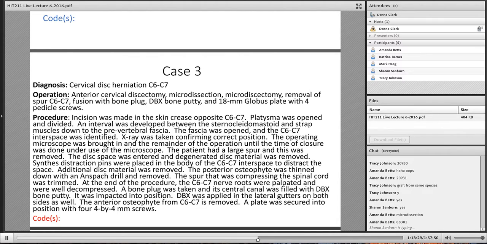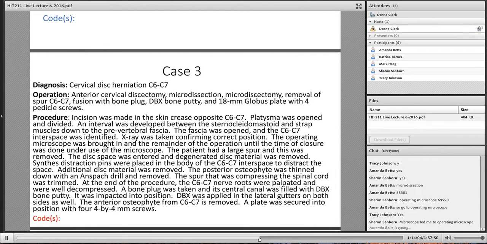No, this is going to be a 6 code out of the section we're working in. All right, how did you find 6? That's the correct code. How did you find that code? So you went to operating microscope. Everybody saw that? She went to operating microscope.